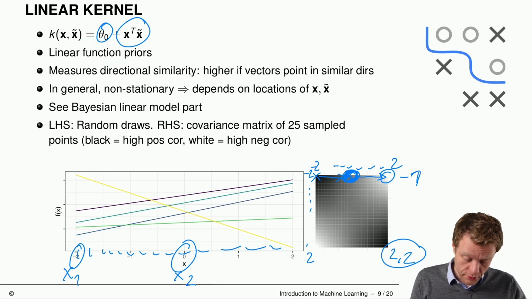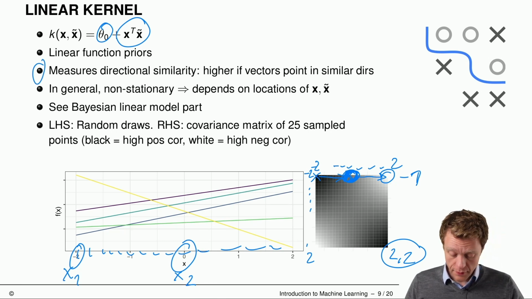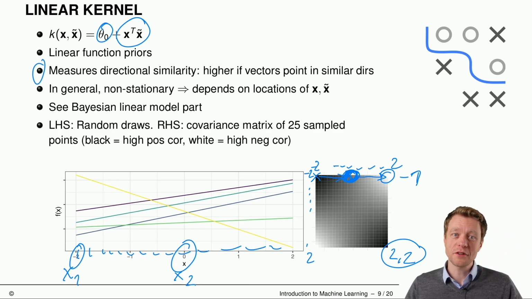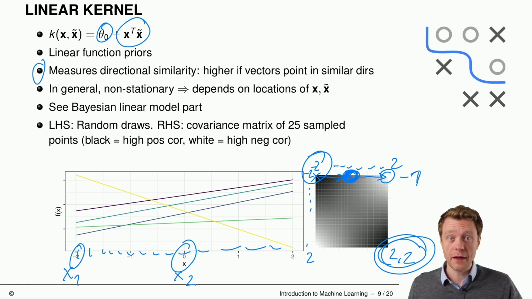Okay, so we measure directional similarity. I think that this should be clear now. And this is not a stationary kernel. Why not? If you look at this graphic again, you have to rotate this thing by 90 degrees compared with what we have seen on the other slides, because we are starting with -2, -2 here and go to 2, 2 there, okay?